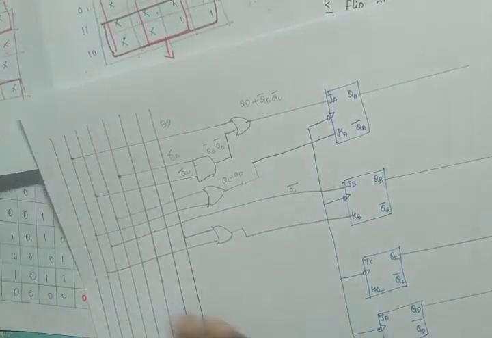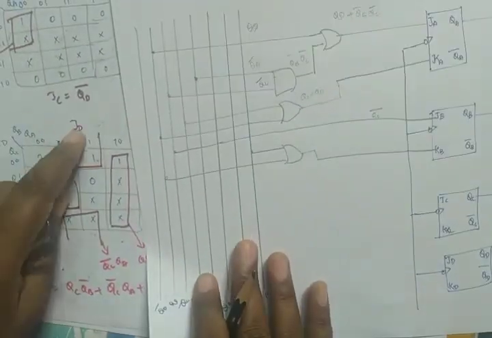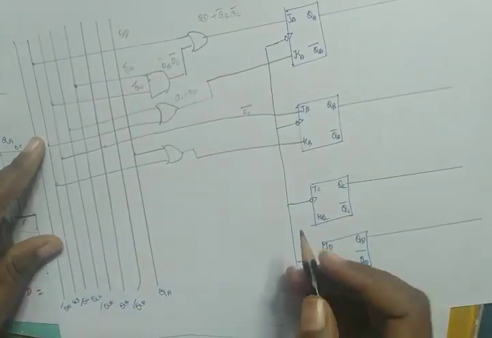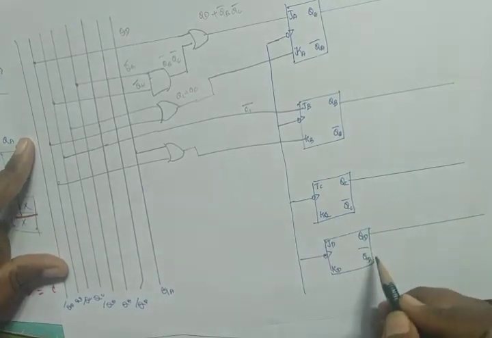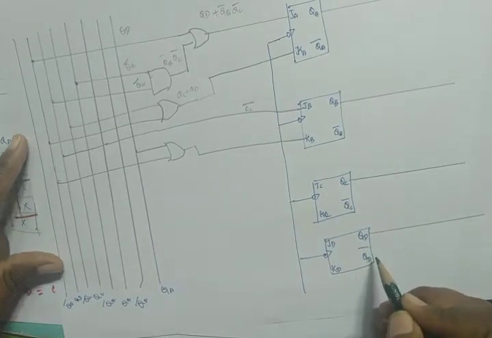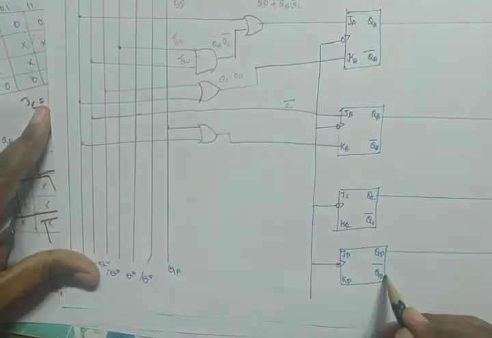That's it. Now what is JC here? JC is equal to QD bar, QB bar, QA bar. Here we have QD, and here we have QD bar.